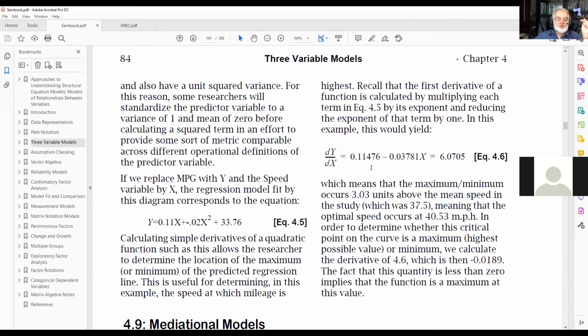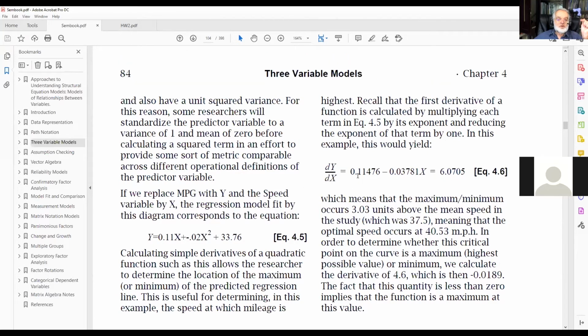And this is a side issue, but you can always use a little bit of math. Here's our regression weight. And taking a derivative is a fancy word for saying I'm going to take this number, multiply it by the exponent, and reduce the power by 1. So 11 times x to the first, the derivative of that is going to be 11 x to the 1.